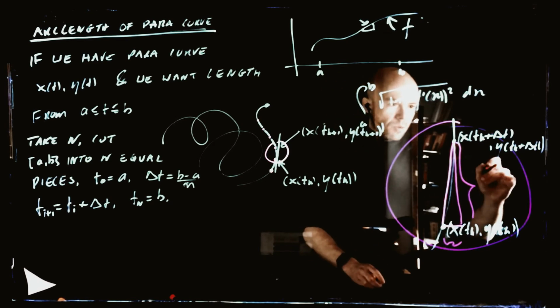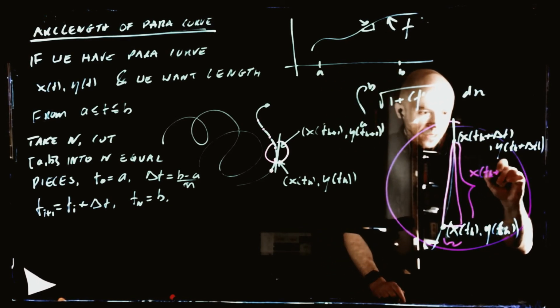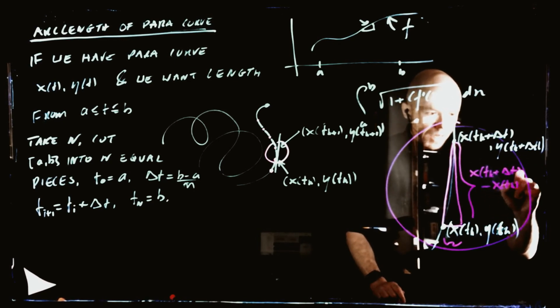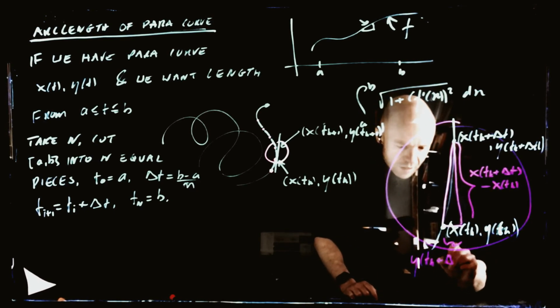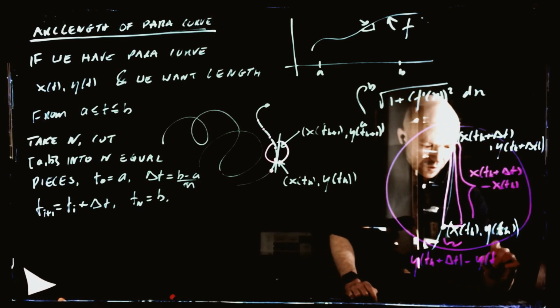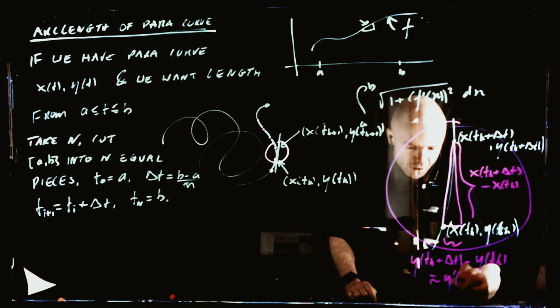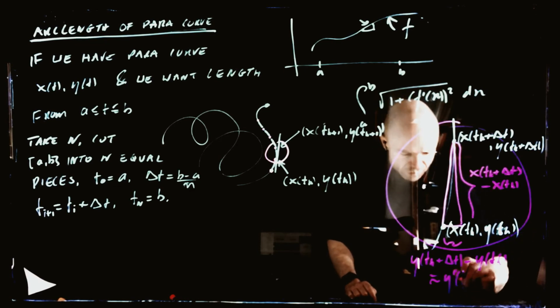So this length is x of tk plus delta of t minus x of tk, and this length is y of tk plus delta of t minus y of tk. And as we've learned, this is very much like y prime of tk times delta of t, just by differentiability.